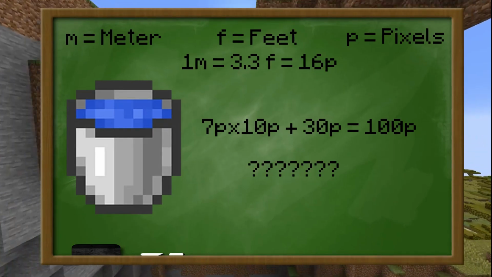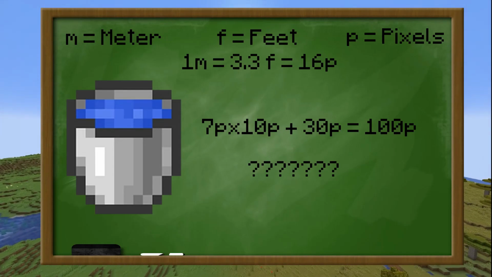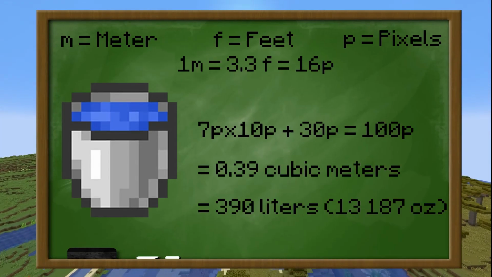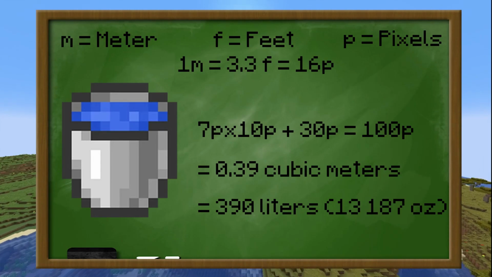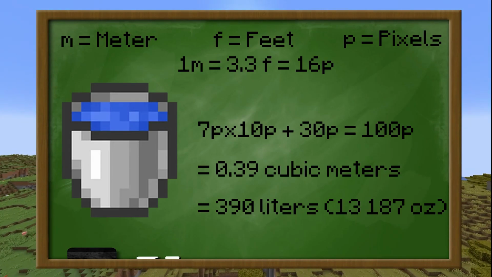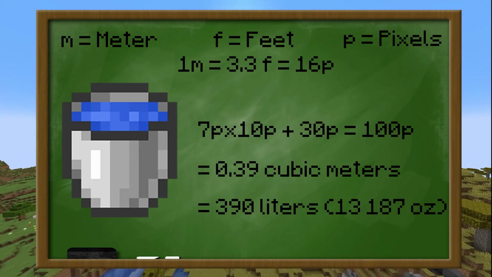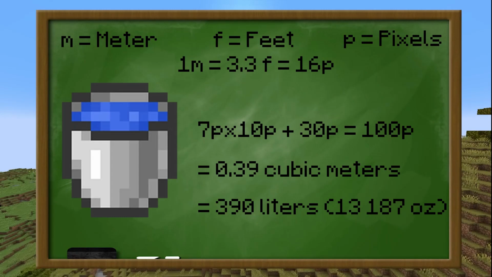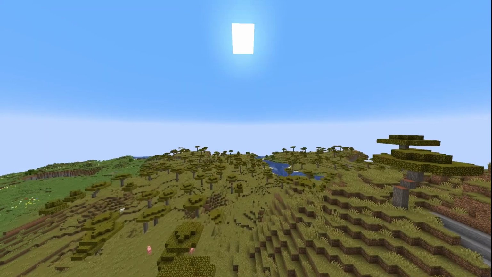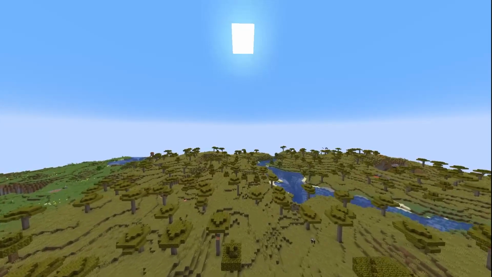Whoops, cubic pixels. Didn't I say we would use the metric system? So the 100 cubic pixels is about 0.39 cubic meters, or around 390 liters, which sounds plausible compared to the amount we just picked up.